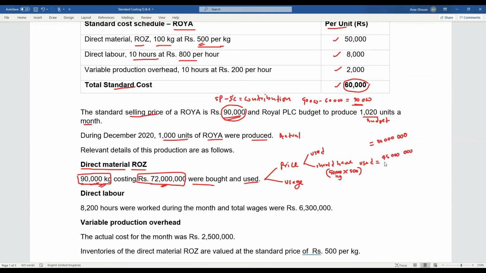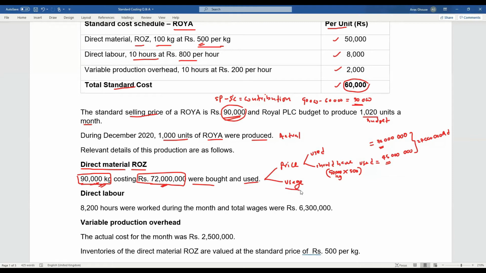Therefore, we have a price variance, a difference of 27 million. Is this adverse or favorable? We should have paid 45 million, however we paid 72 million. So this is an adverse variance. So this is the price variance.